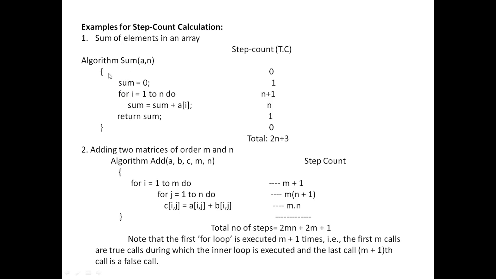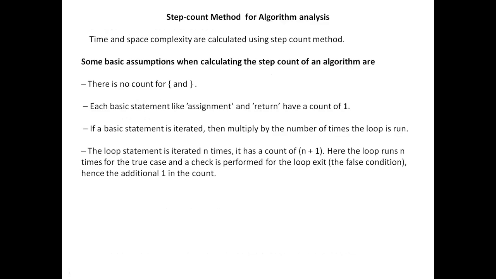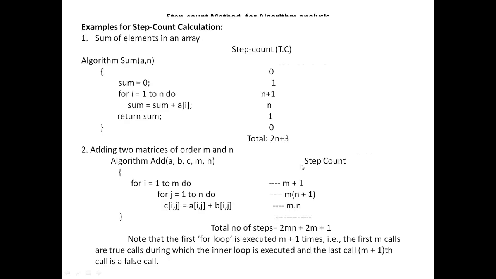In the rule I said the open braces do not have any count value, so it is 0. Then sum equal to 0 is an assignment, so for assignment statements, the count value is 1. Then here you have a for loop, for i equal to 1 to n. What I told you before, for looping statements, the count value is n plus 1.